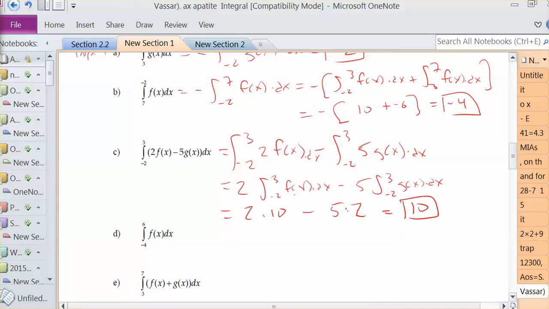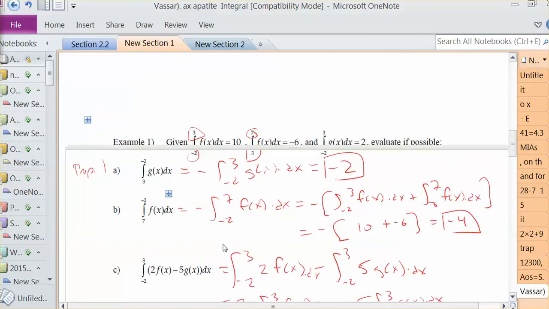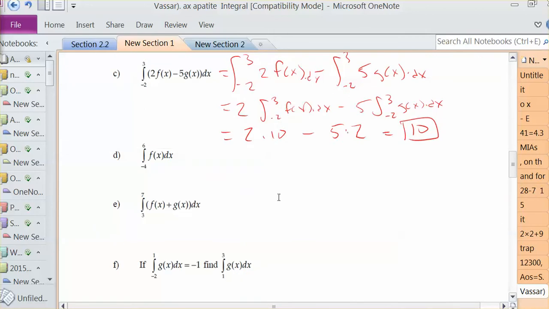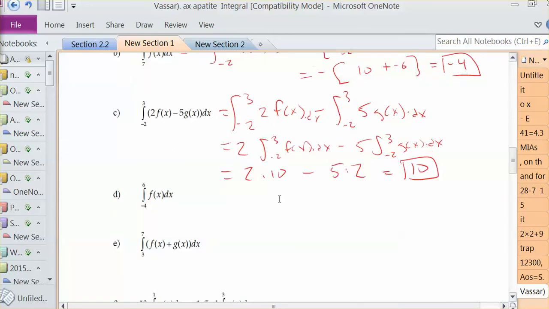Okay, let's look at D. So you're going from -4 to 6. Well, I don't see a -4 here, and I don't see a 6 for my limits. And even though -4 and 6 are double the lower and upper limits for this one right here, we have a problem because I don't know how f of x is going to behave.